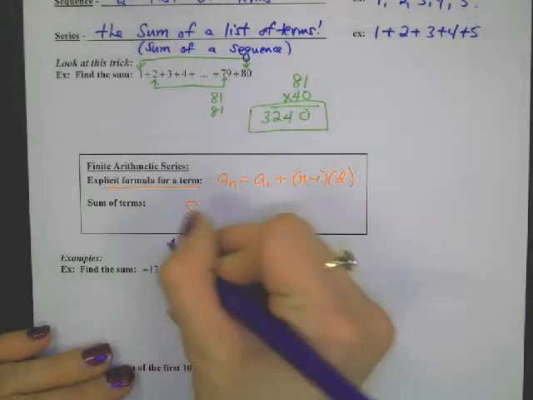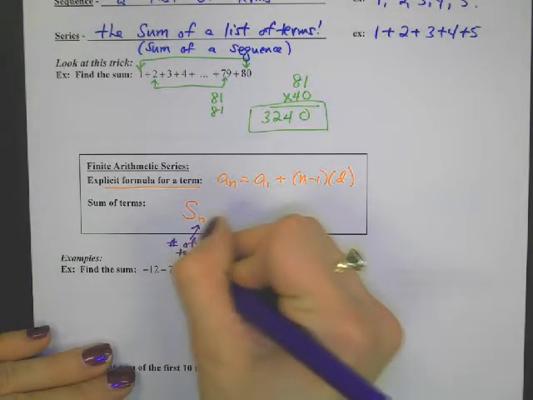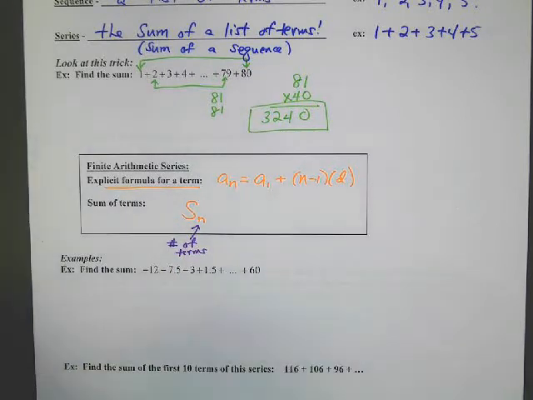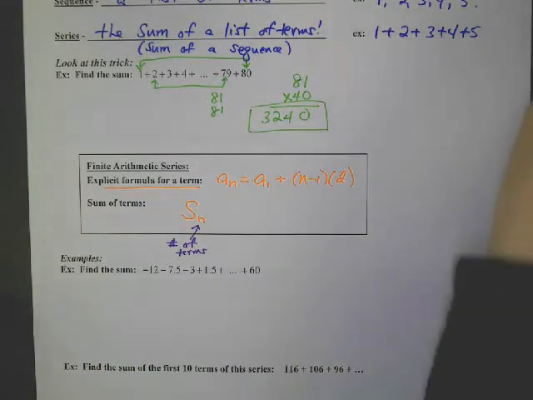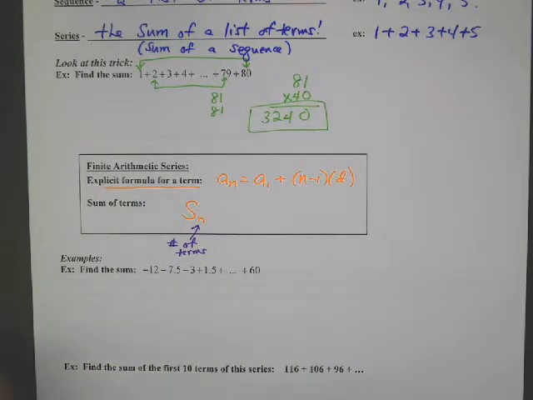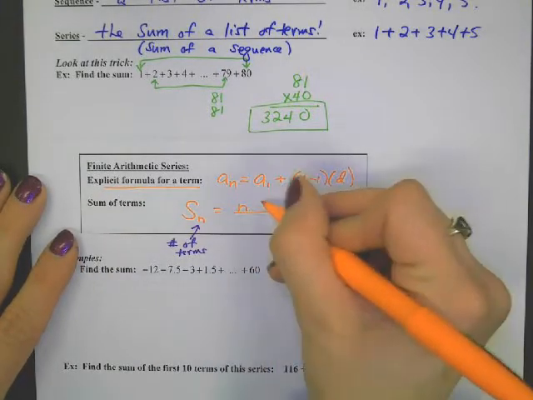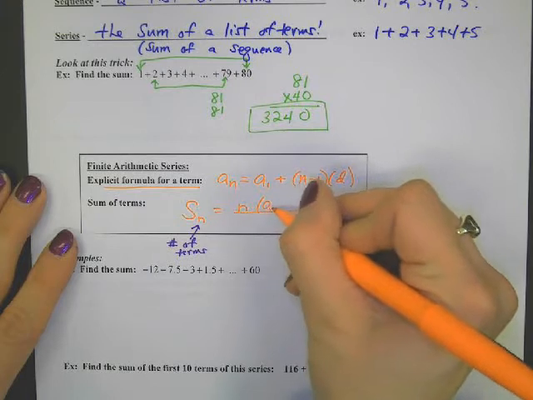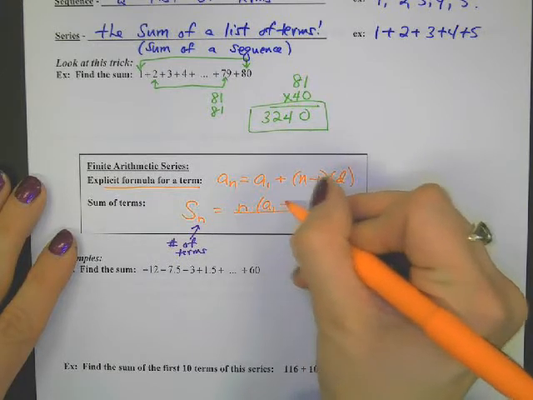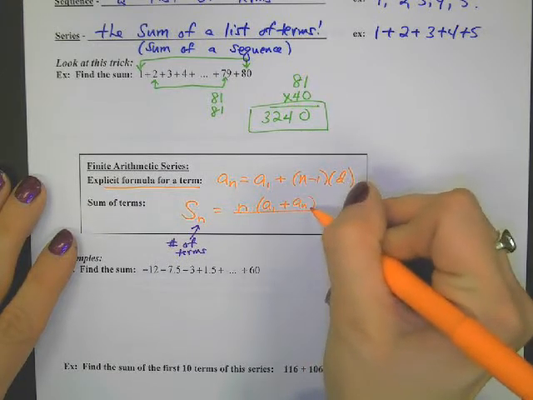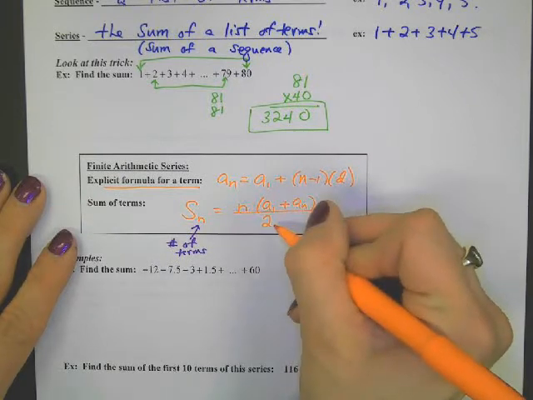That tells you the number of terms. Okay, you must label it. Are you adding 5 things, 10 things, 20 things? The formula is n times a sub 1 plus a sub n, all over 2.